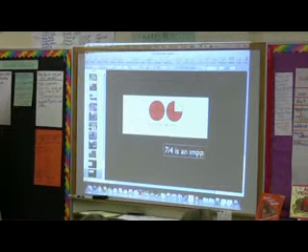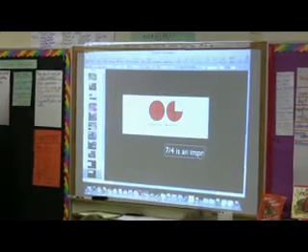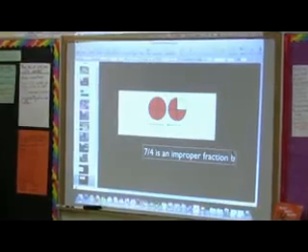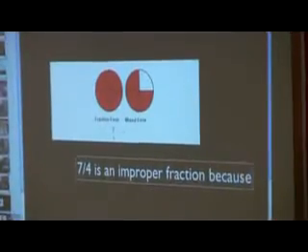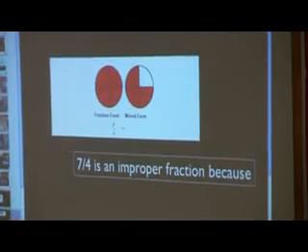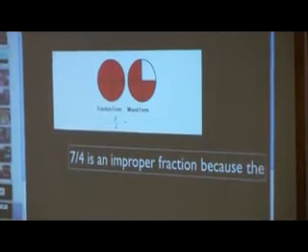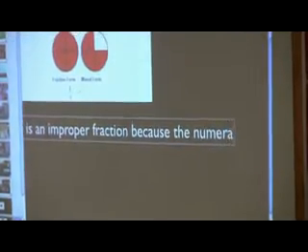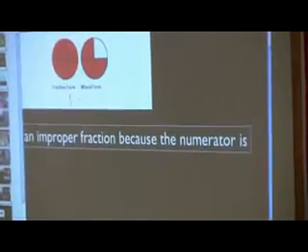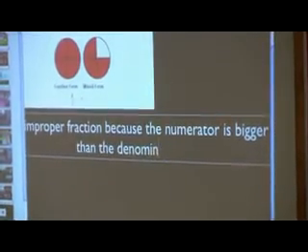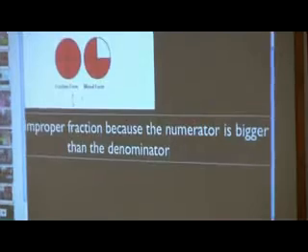Is an improper fraction because, anybody want to finish this sentence for me? Because, Kylie? The numerator is bigger than the denominator. Okay, the numerator is bigger than the denominator. Okay.